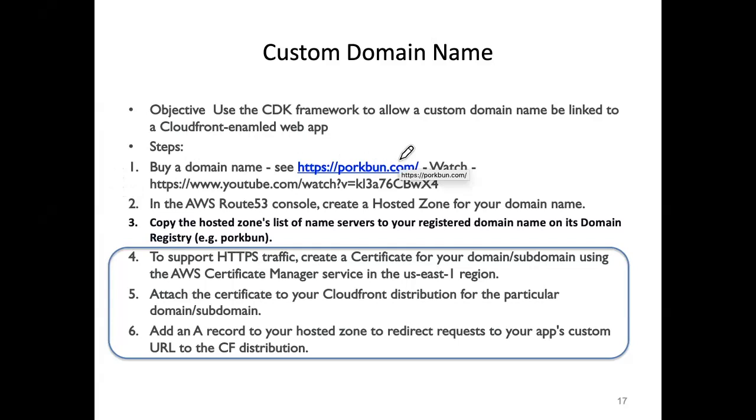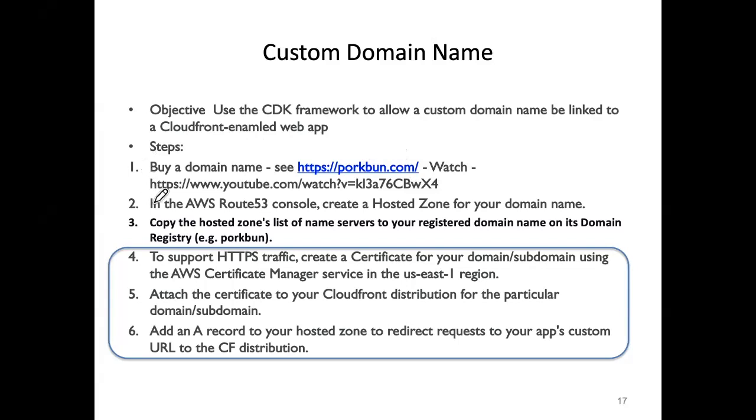If any of you know of a cheaper service, then it might be a good idea to publish the name of that service on Slack so that everybody else can avail of it. But it was fairly recently I came across this Porkbun website that sells domain names. And I think it's probably the cheapest in the market. But you buy your domain name either way.